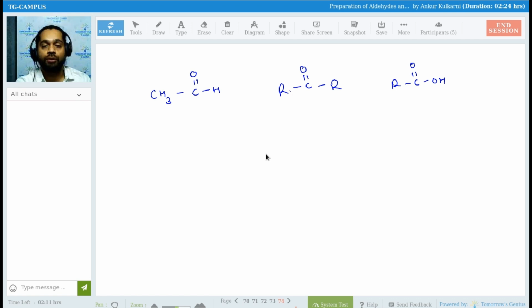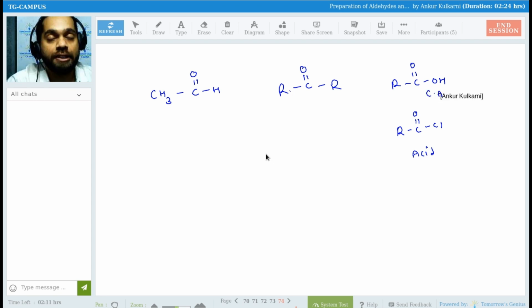So over here we are not only going to focus on aldehydes, ketones and carboxylic acids, but also their derivatives. Derivatives mean those derived from carbonyl compounds, like acyl halide, or we call it acid halide. If I replace the OH with Cl, R C double bond O Cl, we call it acid halide, because I have replaced the OH of the carboxylic acid with Cl.